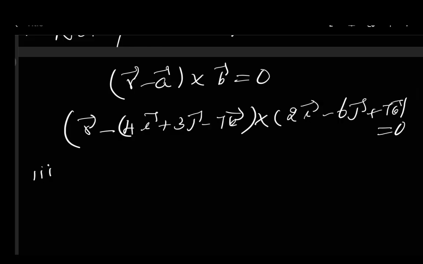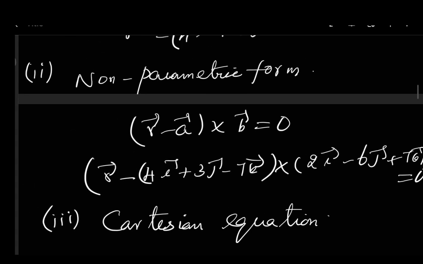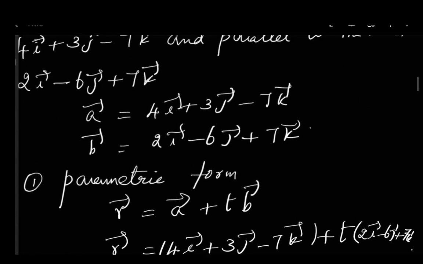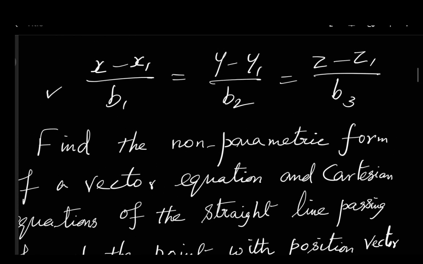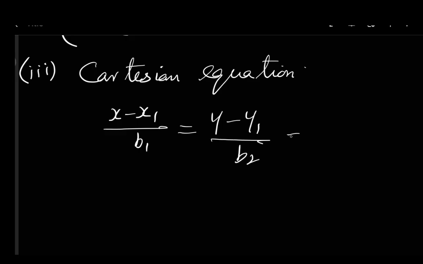Third one is Cartesian form, or Cartesian equation. So what is the Cartesian equation here? x minus x1 by b1 is equal to y minus y1 by b2 is equal to z minus z1 by b3. What are these b1, b2, b3?